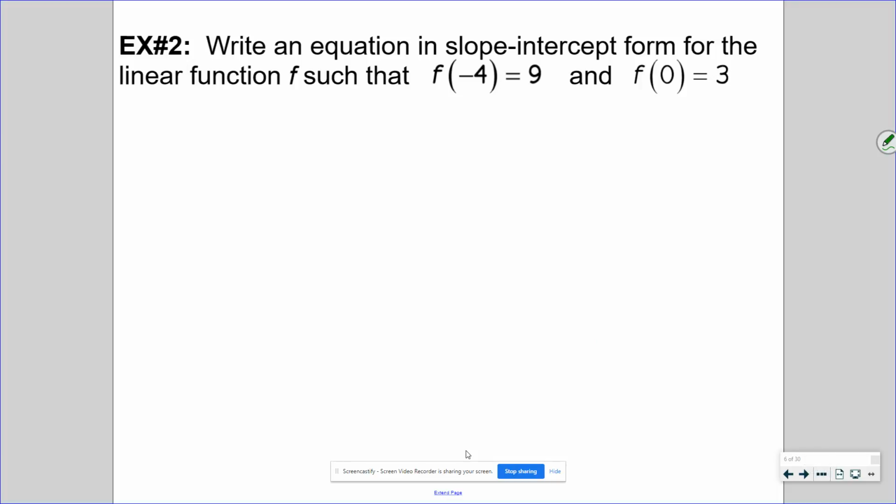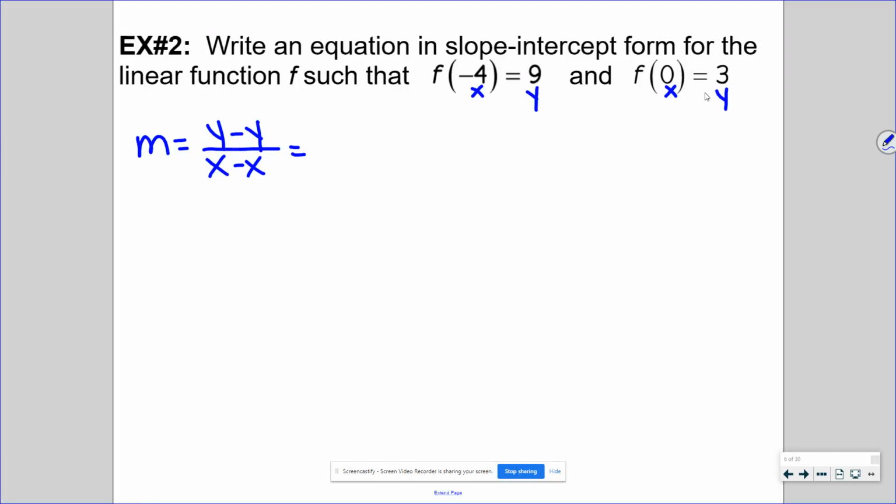I don't care which way you like best. I just care that you can find slope. So here's an example where we're going to do just that. And I think I'll probably do this the way that most of you are most comfortable, which is just the old y minus y over x minus x. So just a reminder that the number in parentheses is your x value, and the number on the outside is equal to your y value.